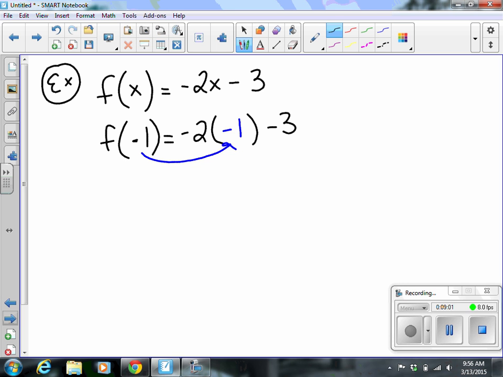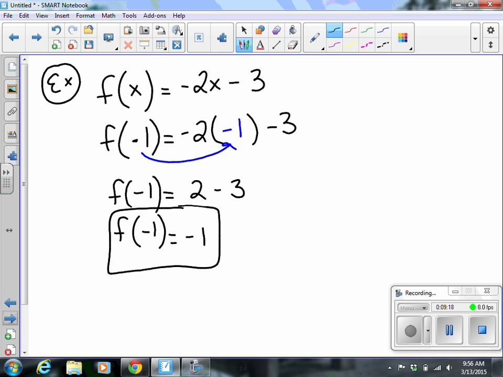And then I'm just going to solve on the right side. So negative 2 times negative 1 is a positive 2. 2 minus 3 gives me negative 1 as my final answer.